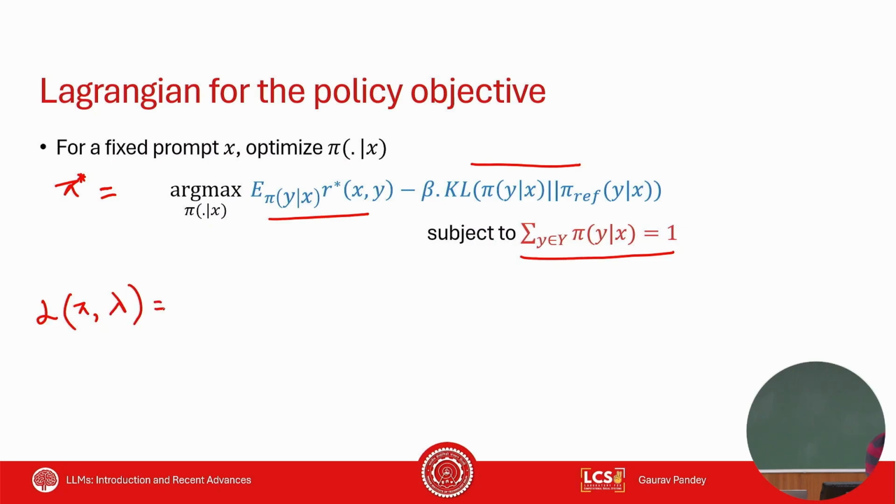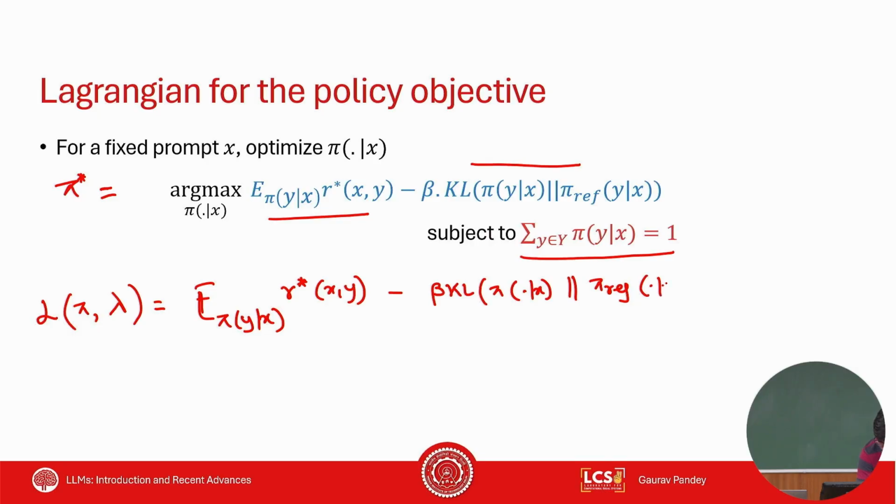This can be written as the above equation minus beta times KL plus lambda times the constraint.